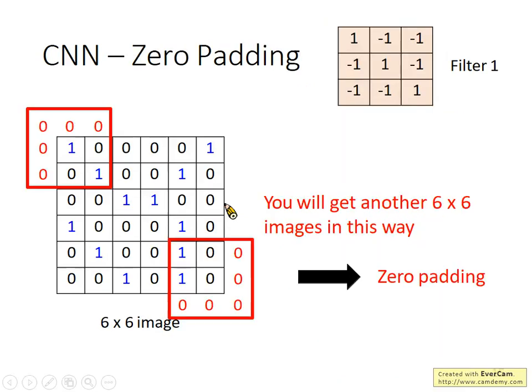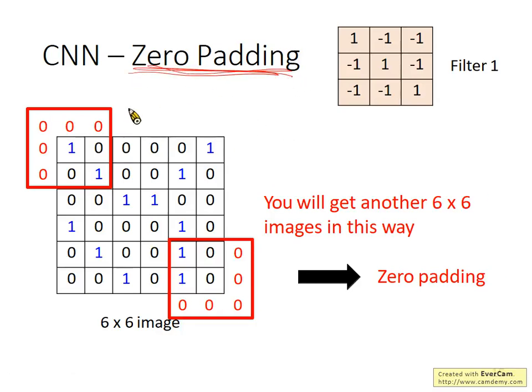You can see that the dimension of the feature map is different from the original image. The original image is 6x6, but the feature map is 4x4. If you are unhappy about this and want to make the dimension of the result exactly the same as the input, you can do zero padding.